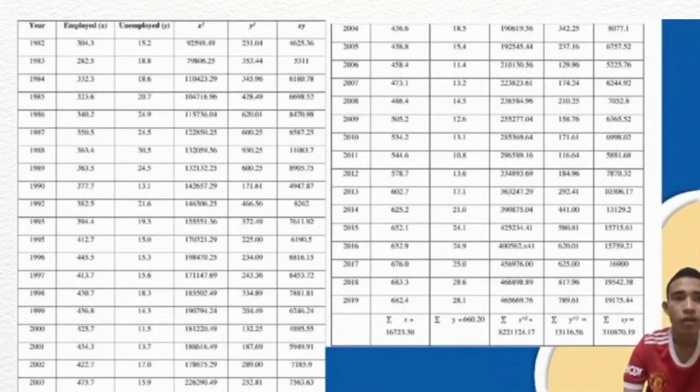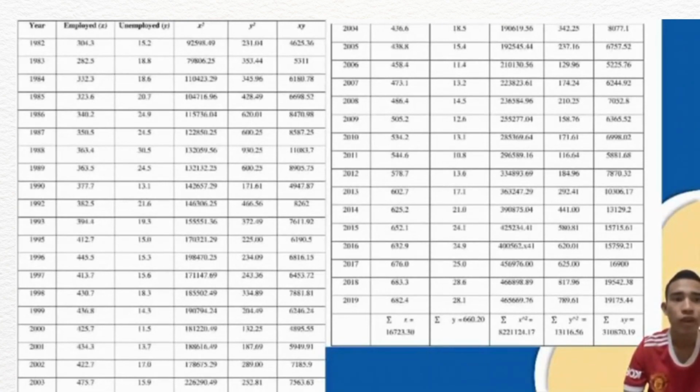For example, for the year 1982, the X value is 304.3. Find X2 by squaring the value: 304.3 squared equals 92598.49. The value of Y is 50.2.